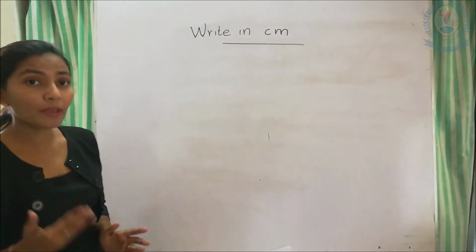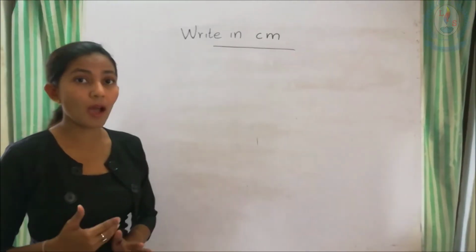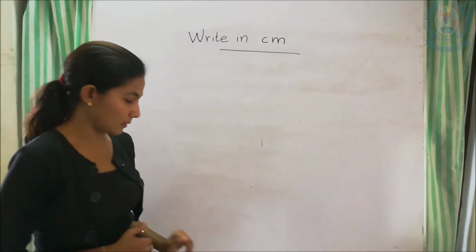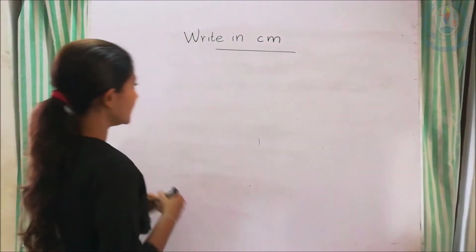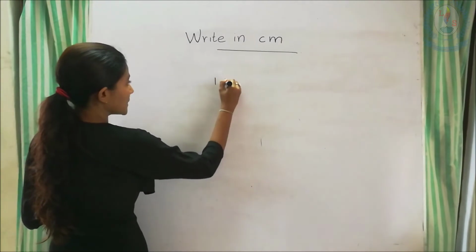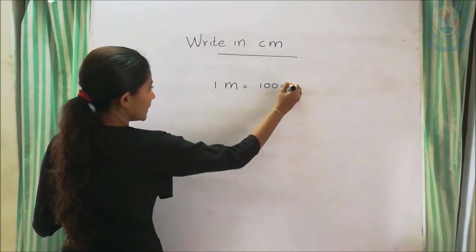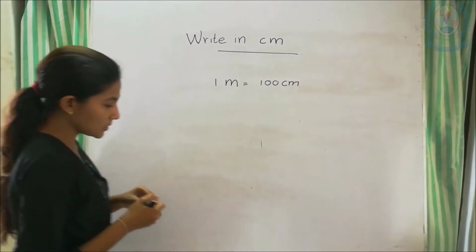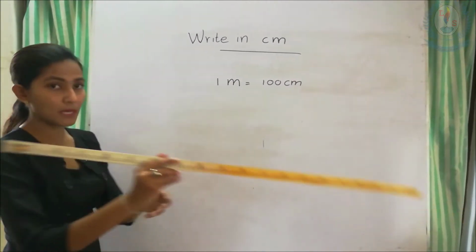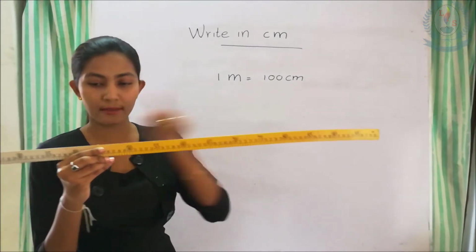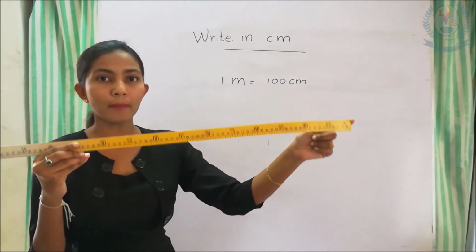Right, now we are going to practice this in the other way. Write in centimeters. Students, you remember that 1 meter equals 100 centimeters, right? So, this is the meter stick which has the number up to 100. This is 1 meter.